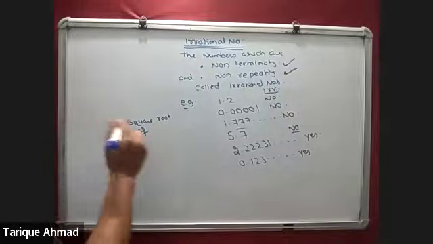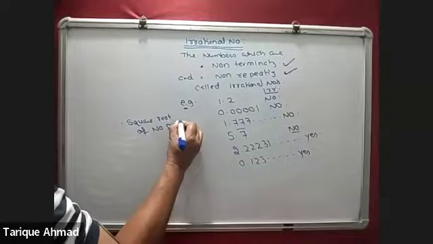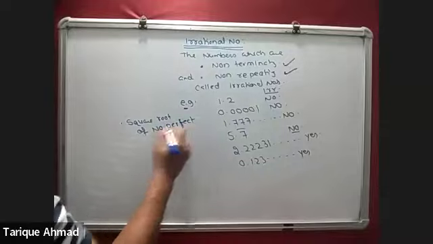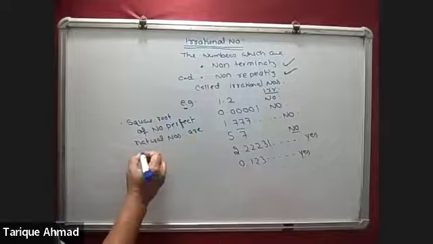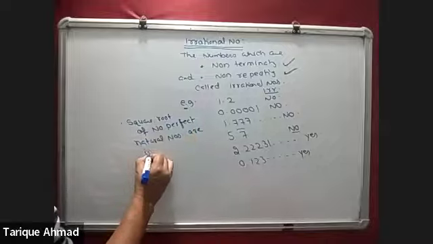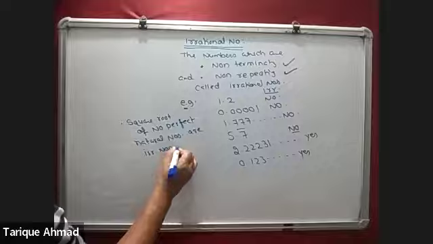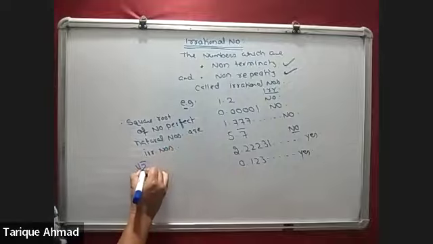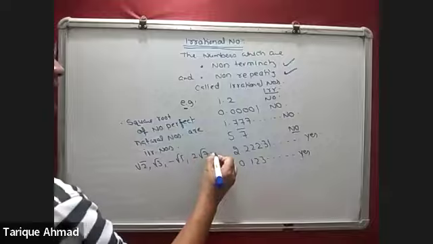Now, the square roots of non-perfect square natural numbers are all irrational numbers. Like root 2, root 3, minus root 5, 2 root 7, and so on.